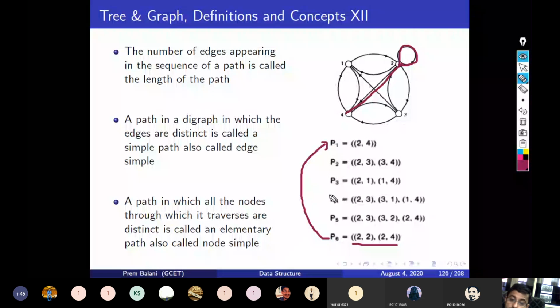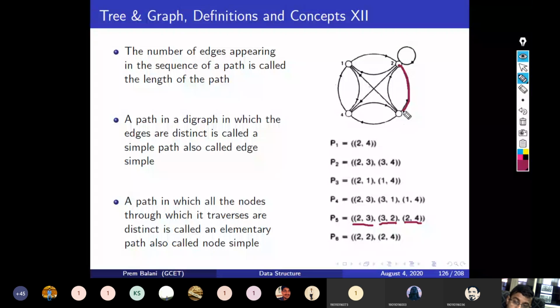Now let's take another example, say this path 2 2 3, 3 2 2 and 2 2 4. Here let me draw that path in this figure, that is 2 2 3, then 3 2 2 and 2 2 4. So here you can see this is a cycle.